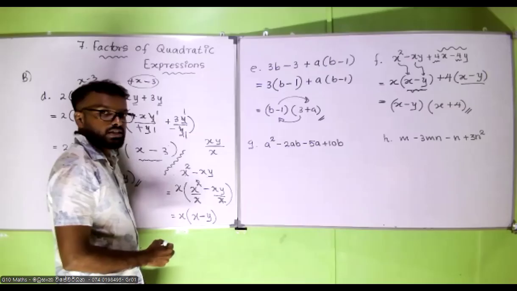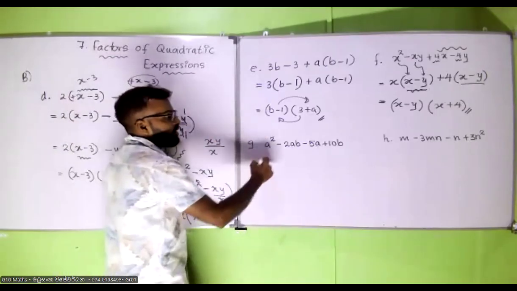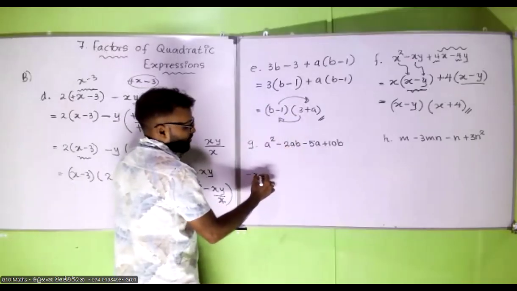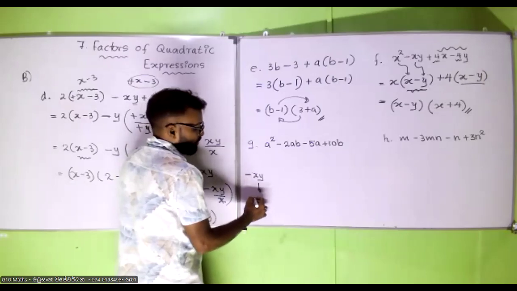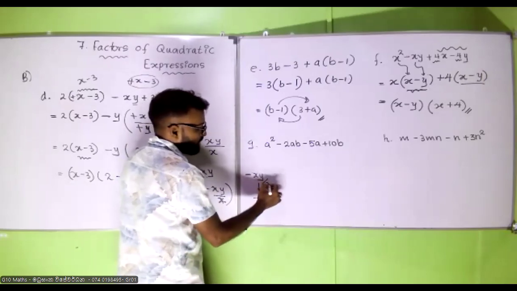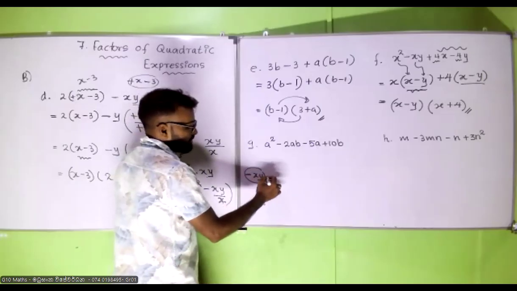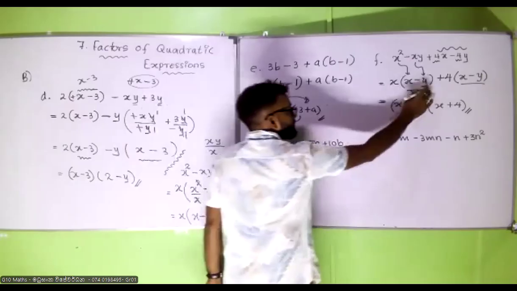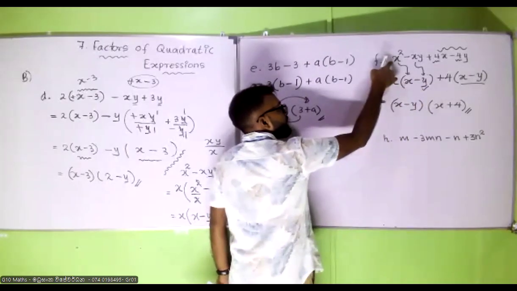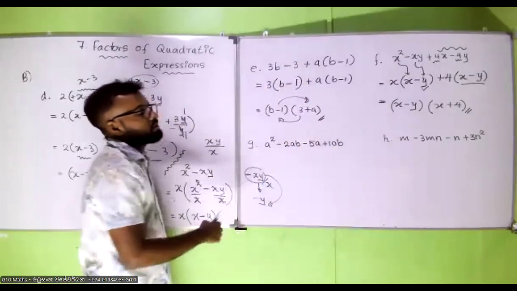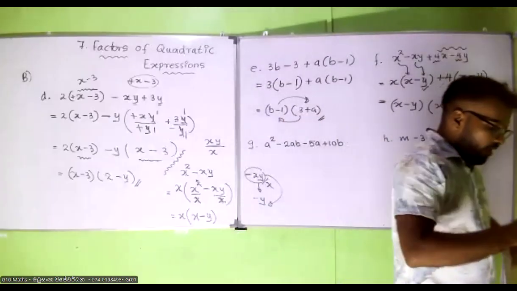This single term becomes x, and this single term minus xy becomes minus y, because we are dividing this term by x. So this term divided by x, we get minus y. And this term is obtained by x squared divided by x. Right? Okay, sir.